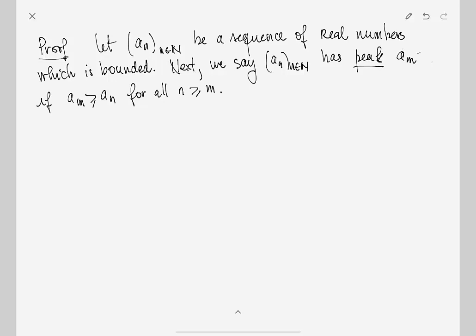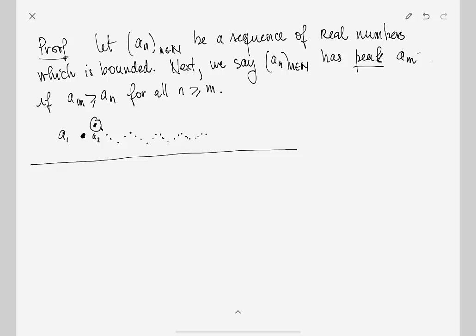As an illustration of what a peak might look like, if this is a representation of our sequence, and at some point you have a behavior like this, and then it keeps going forever, let's suppose this is a_1, and then this is a_2, and so on.